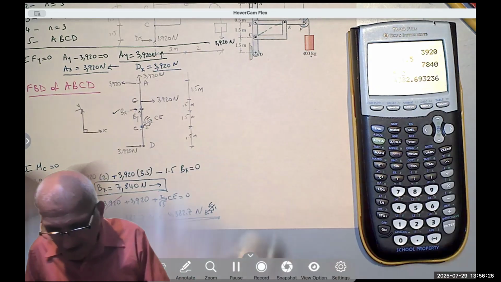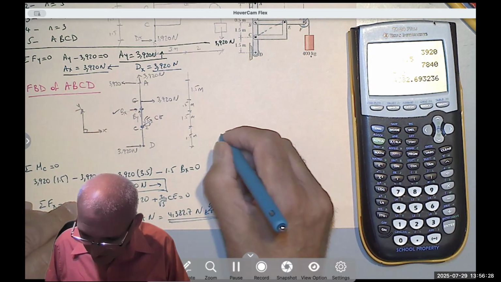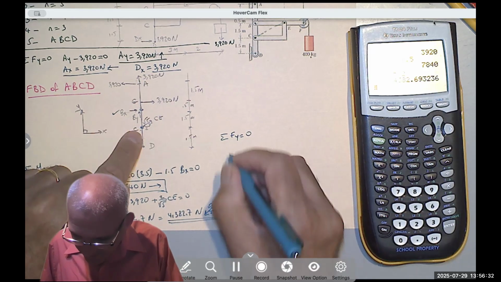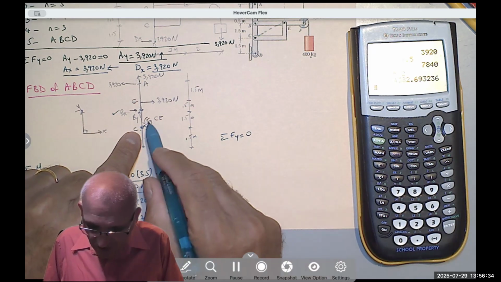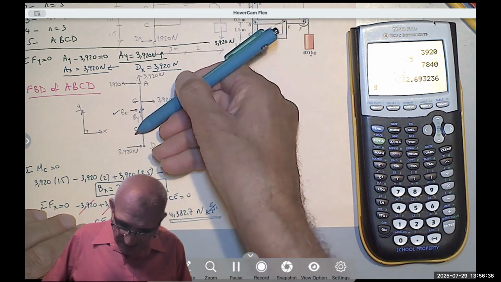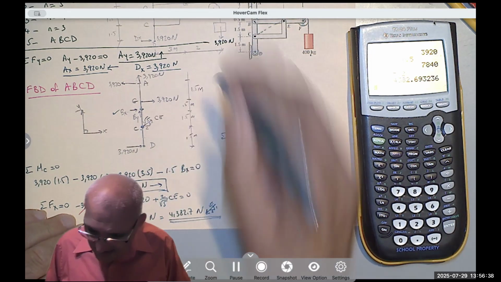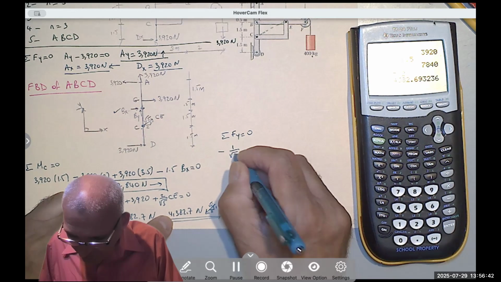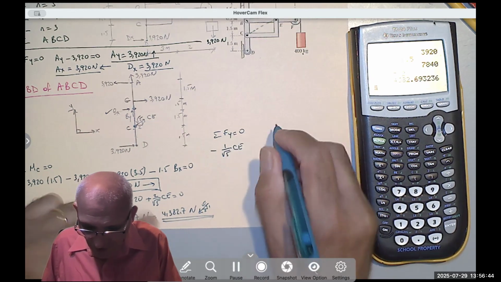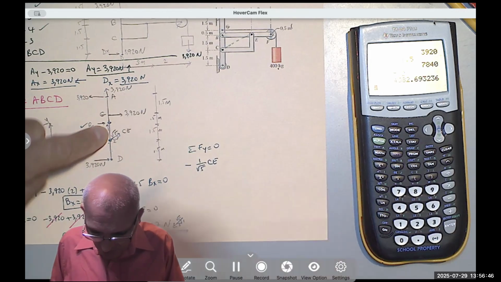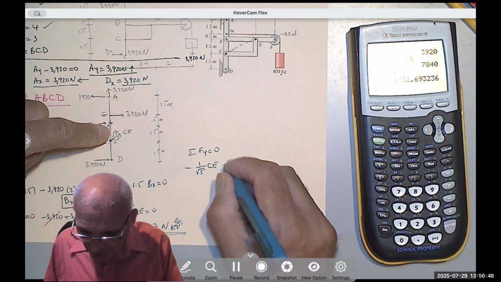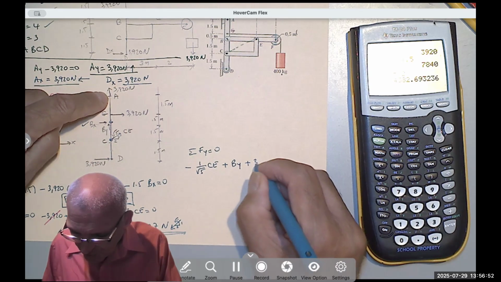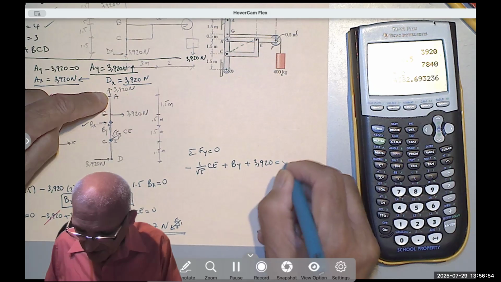The only thing remaining is By, so I take summation of the forces in the y equals 0. I have 1 over, notice this is going down now, okay? So it's negative CE, 1 over √5 CE, that's going down, plus By, which we are looking for, plus 3920 equals 0.